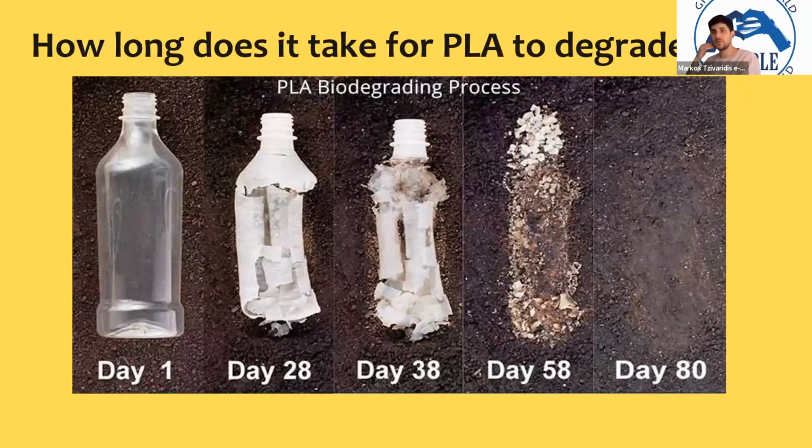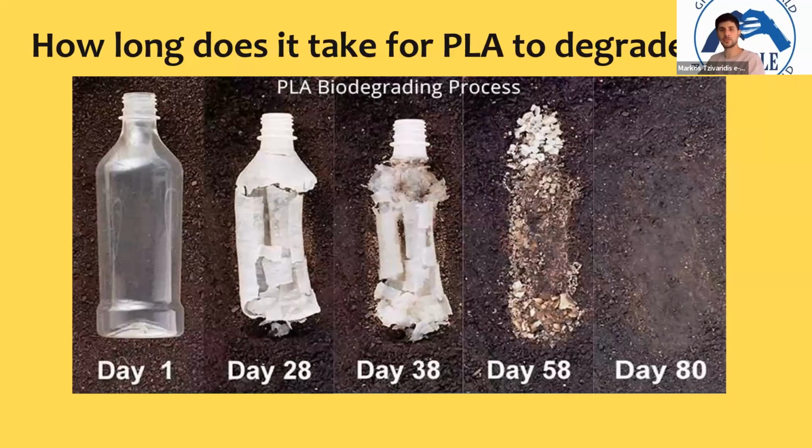So as we said, the PLA is biodegradable. So a bottle created by PLA on the first day can look like this. In 1 month, it can look like this. And after 60 to 80 days, it's completely degraded. So, yeah, maybe you would decide to choose PLA instead of something else if you're thinking about the environment.